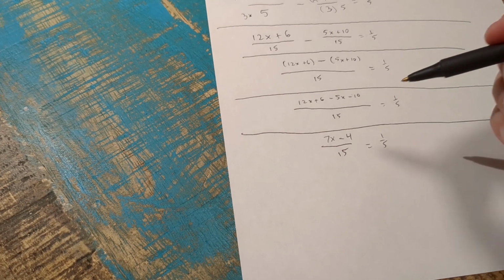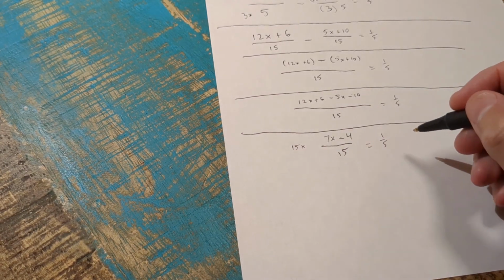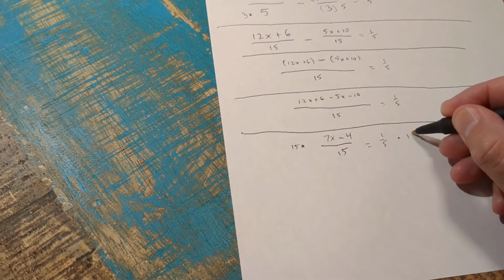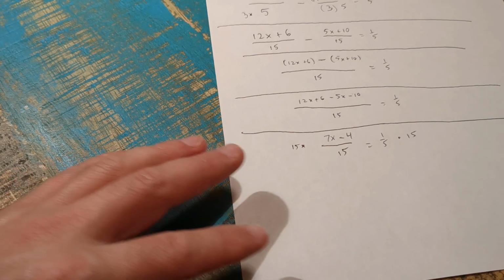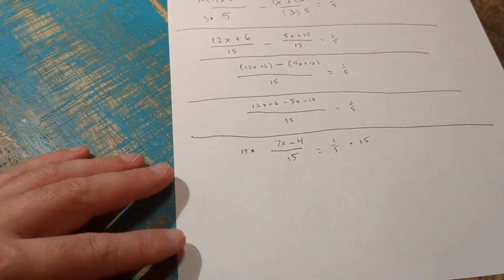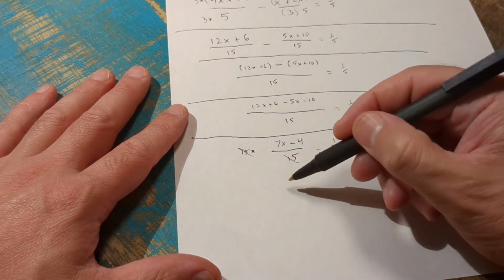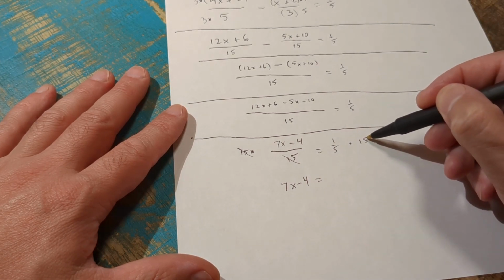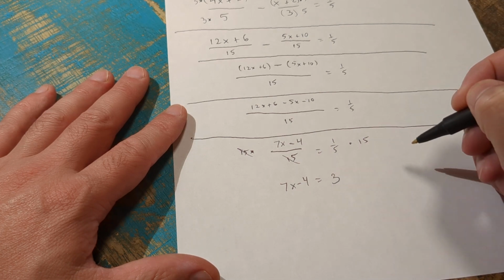Then from here, I'm going to just do 15 times both sides. And in our algebra rules, that's a legal move. So the 15s cancel. 7x minus 4 equals 15 times 1 over 5 equals 3.